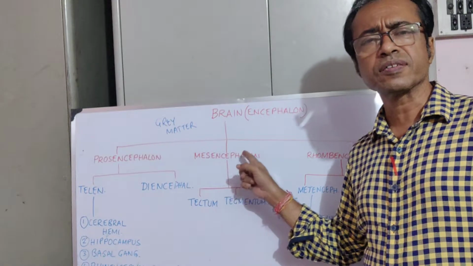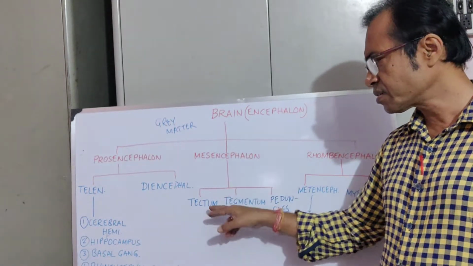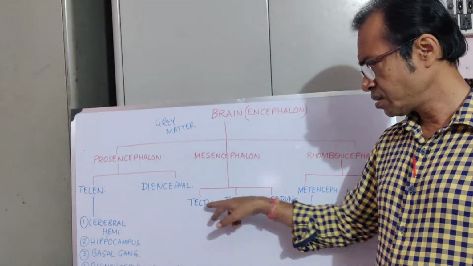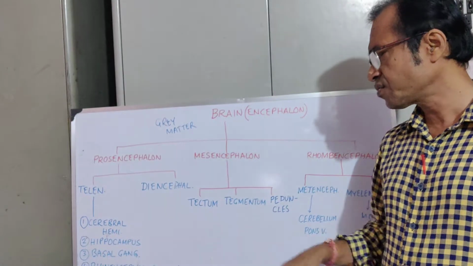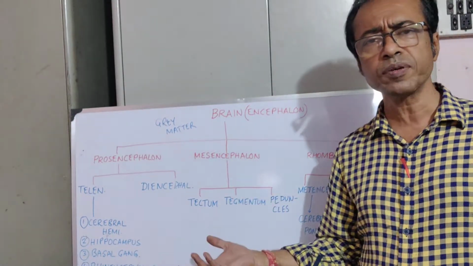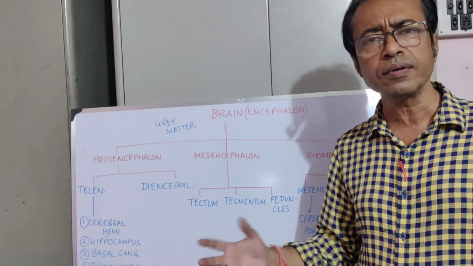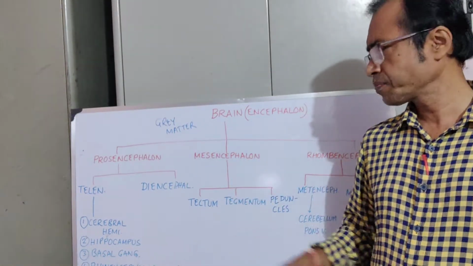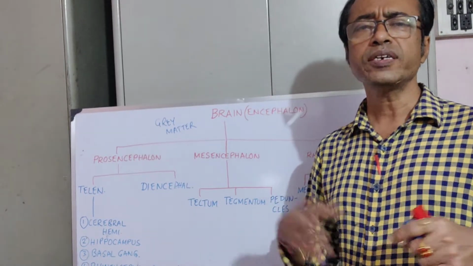Now coming to mesencephalon, the midbrain. The midbrain consists of three main parts. The tectum is the dorsal part of the mesencephalon, tegmentum is the ventral part, and cerebral peduncles are the major parts. Now tectum consists of colliculi.